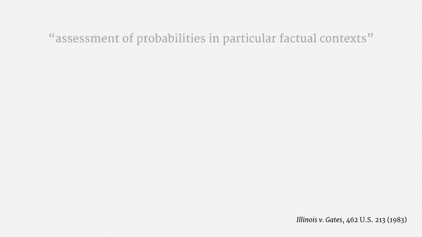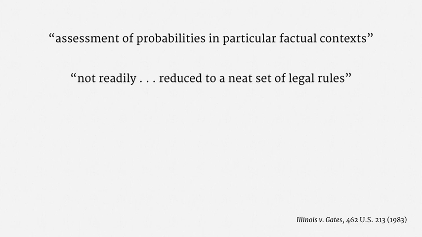Alright, now let's discuss probable cause. And I want to use the Supreme Court's own language, because I want to fully convey just how amorphous this concept is. Probable cause is an assessment of probabilities in particular factual contexts, that is not readily reduced to a neat set of legal rules.